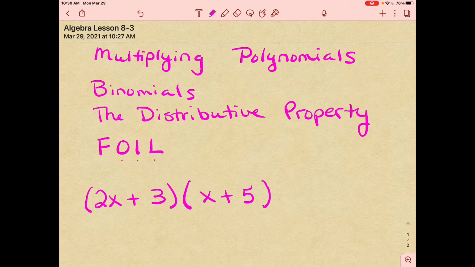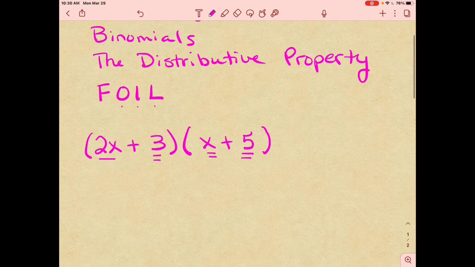When we do this, the distributive property tells us that every piece, for example the 2x here, has to multiply times both of the items in the other parenthesis, and then the 3 also has to multiply times both of the items in the other parenthesis. So one way of accomplishing this kind of neatly is to do this technique called FOIL.